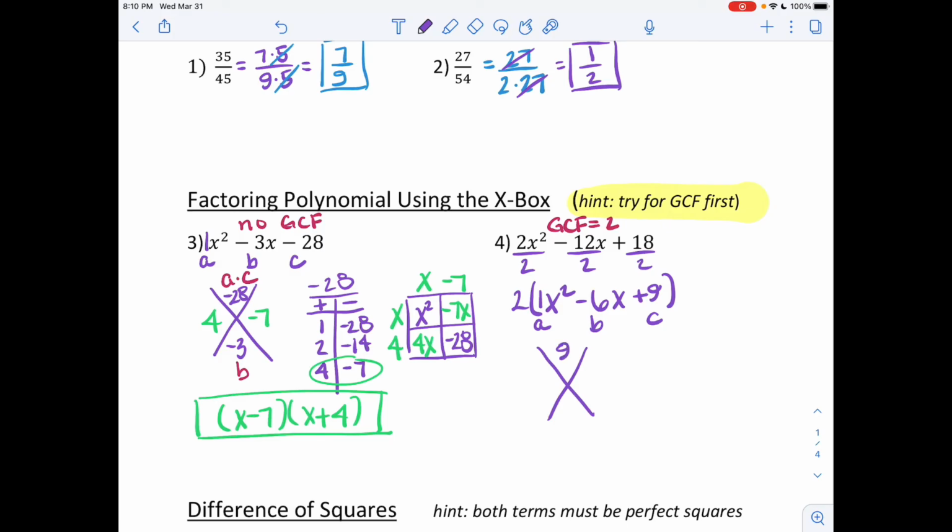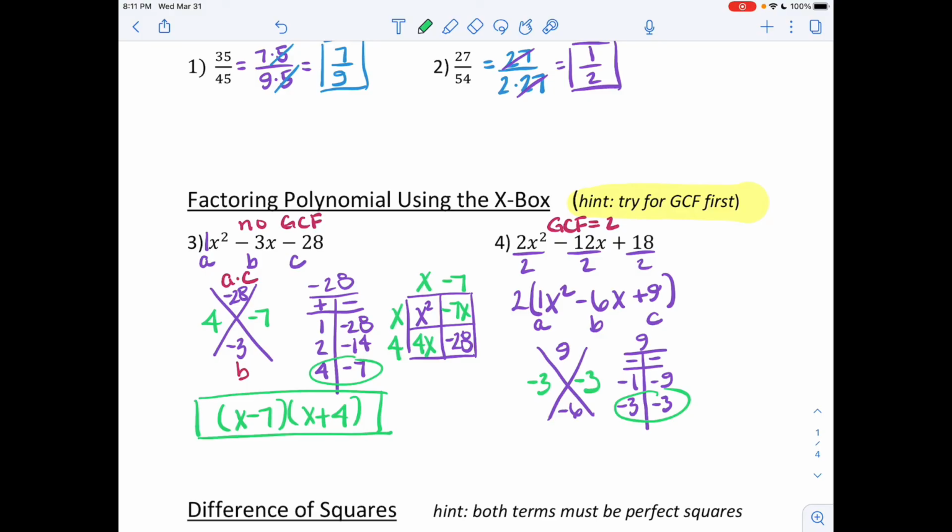9, negative 6, and I want to look for factors of positive 9, but they add to be negative 6. This time I'm going to need 2 negatives because that's the only way that I can multiply to a positive number but add to a negative number. So everything I write needs to be negative. Negative 1, negative 9, or negative 3, negative 3. And the two that are going to solve my x puzzle, negative 3 and negative 3.